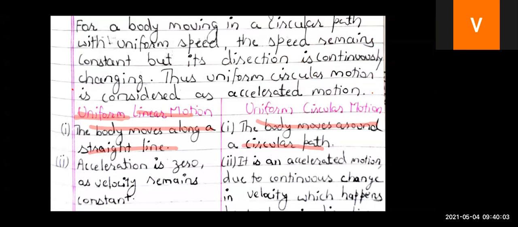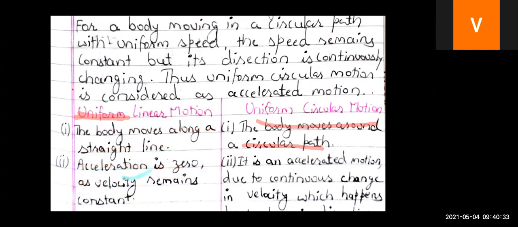Speed is constant, direction is also not changing, so acceleration will be 0 and the velocity will be constant. So uniform linear motion has zero acceleration as velocity remains constant.